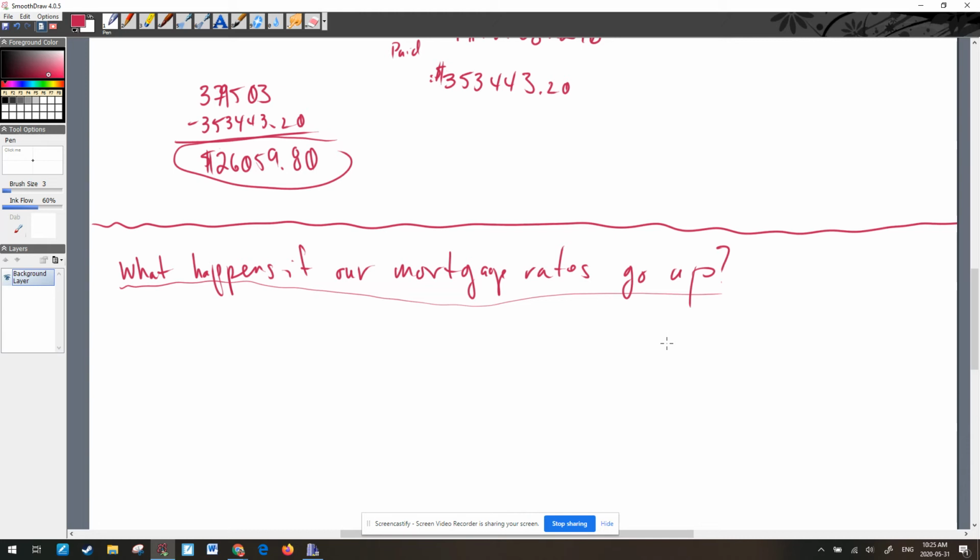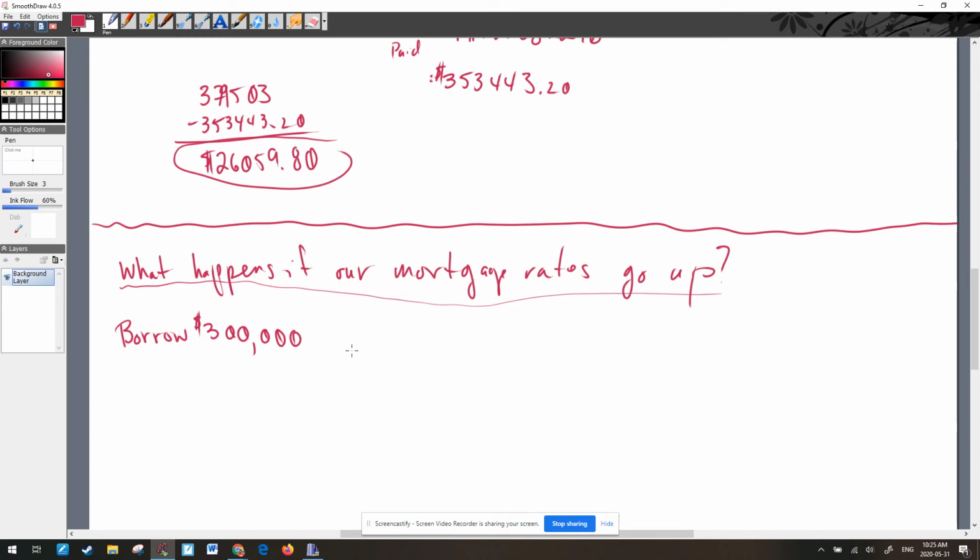So let's look at what would happen if mortgage rates happened to go up. And so imagine, okay, so let's take a realistic scenario. Lots of people, so we're going to borrow $300,000, which again seems like an inordinate amount of money, but it's not unrealistic.